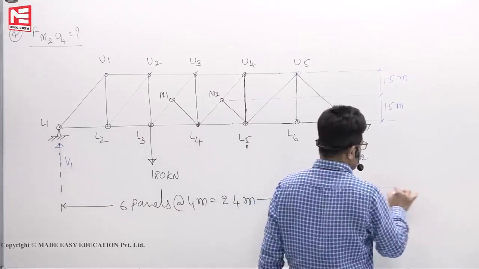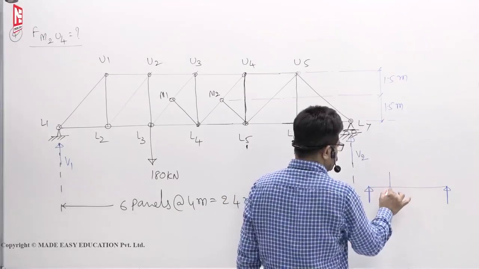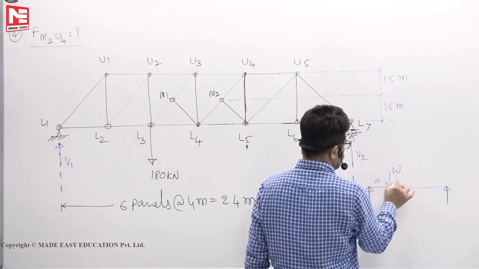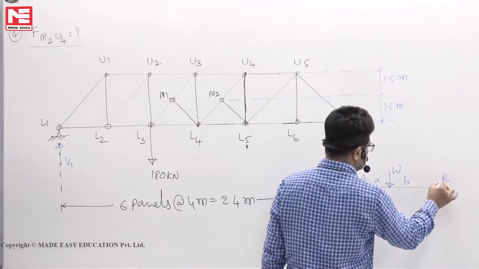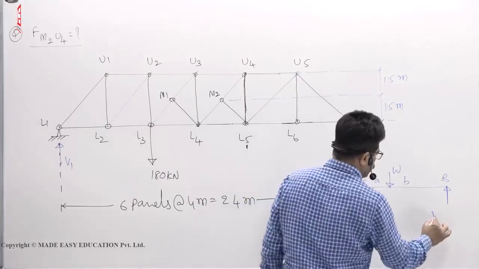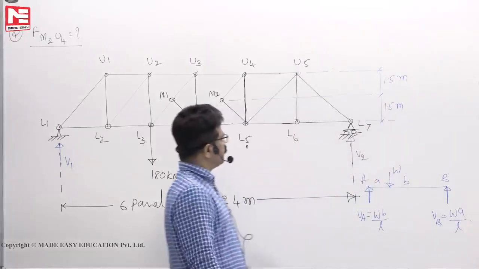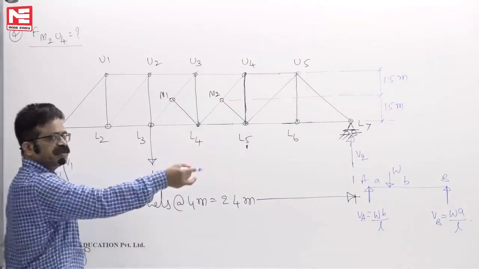In strength of materials, you have studied that if you have a simply supported beam subjected to some eccentric load, say this is A, this is B, VA is Wb by L, VB is Wa by L. That type of problem is this. It's like a simply supported beam.